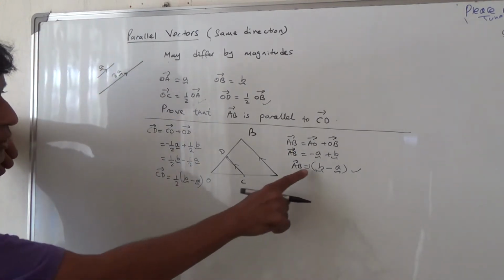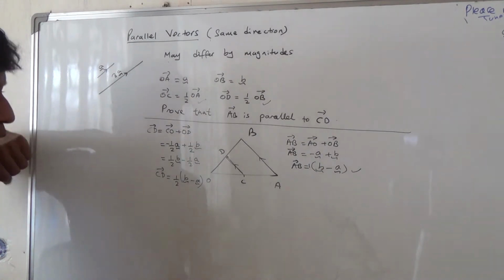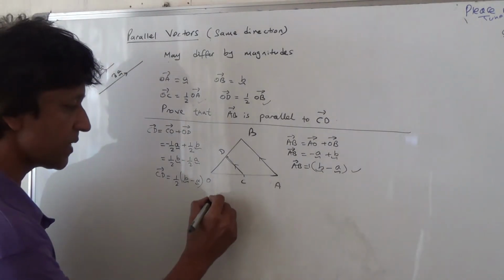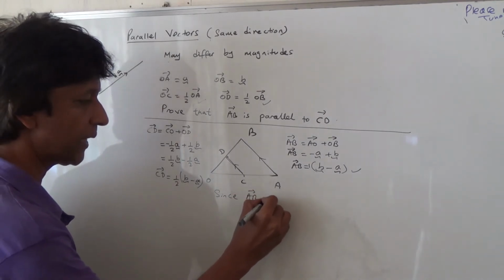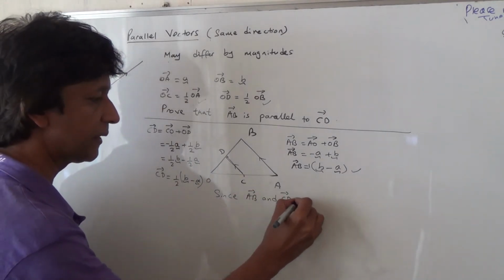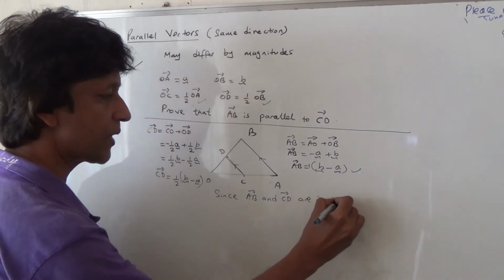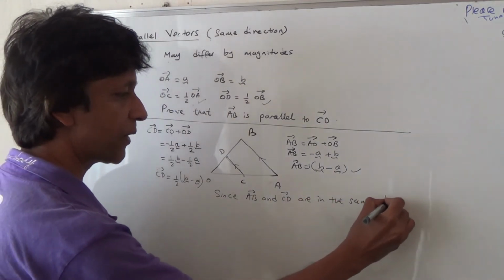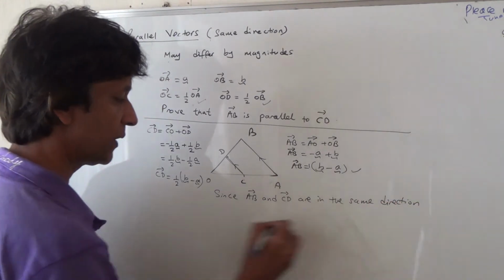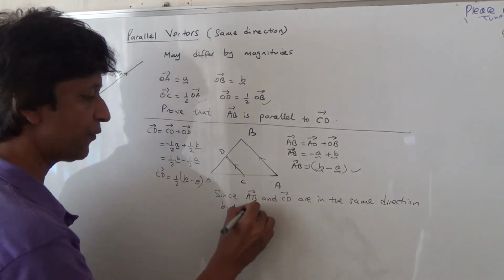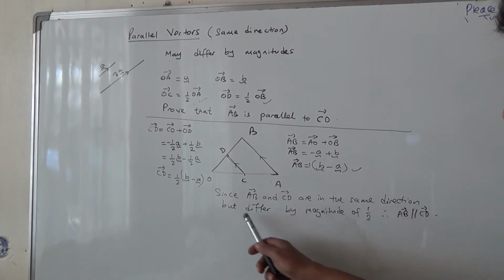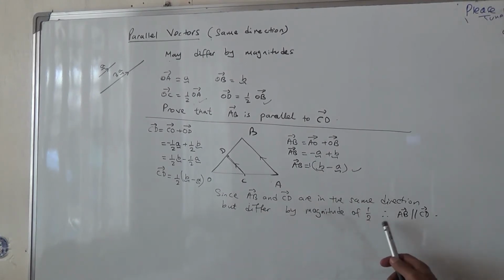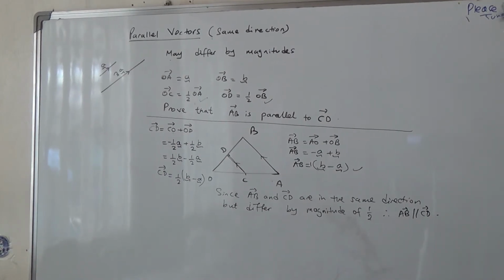So since vector AB and CD are in the same direction but differ by magnitude of half, therefore AB is parallel to CD, and that's it.